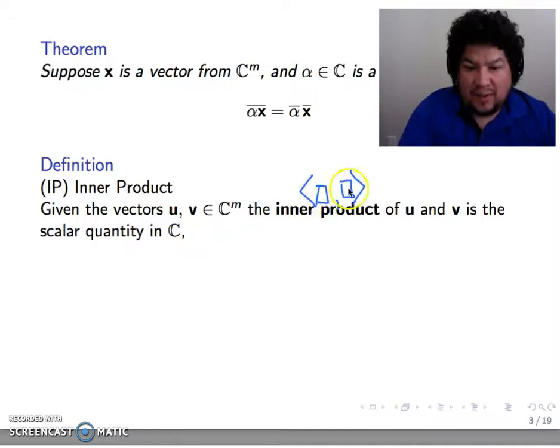Each of these arguments is a vector, and the vectors have to have equal length, so they both have to be vectors of C^m.